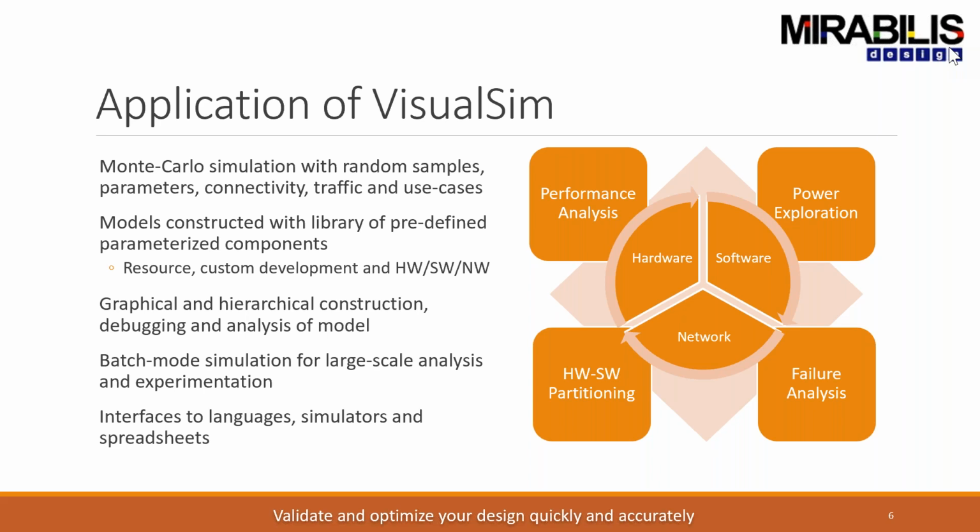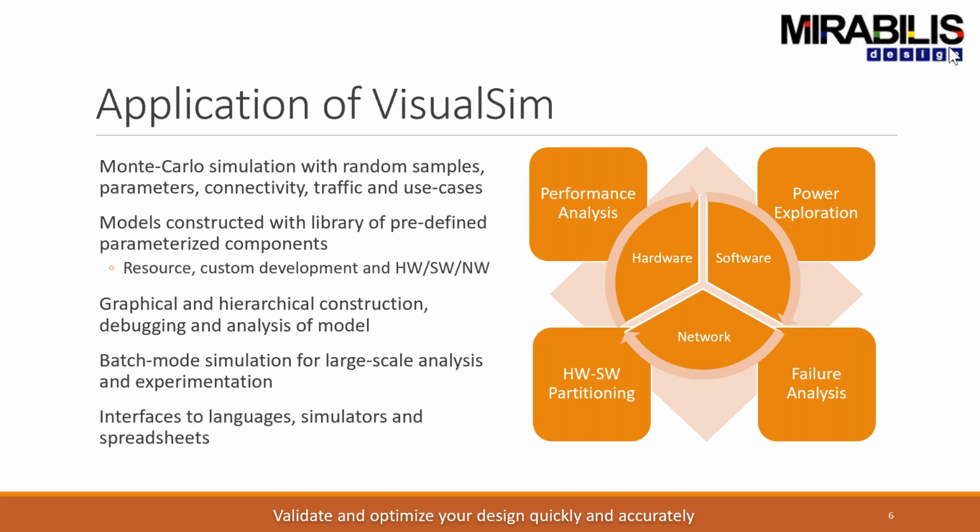A quick introduction to VisualSim. It's the modeling and simulation software that allows you to do the architecture exploration. It's split into three parts: hardware, software, and networks. And the analysis around it is performance, power, hardware-software partitioning, and failure analysis.